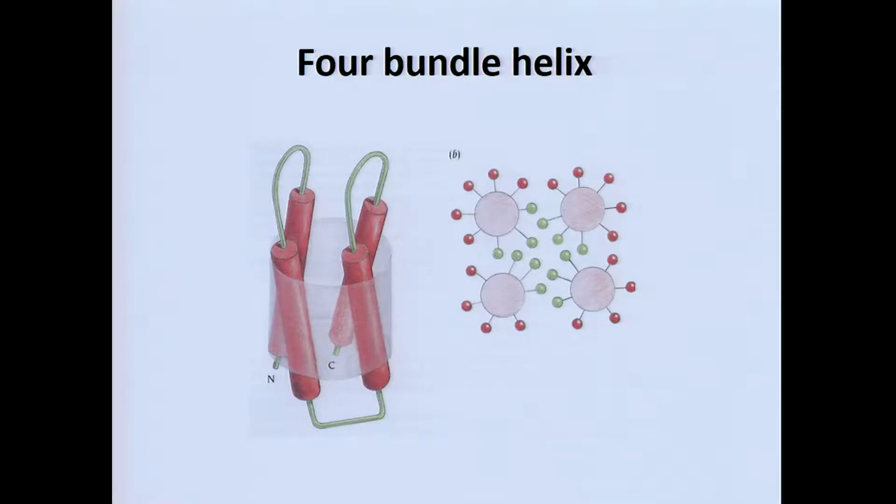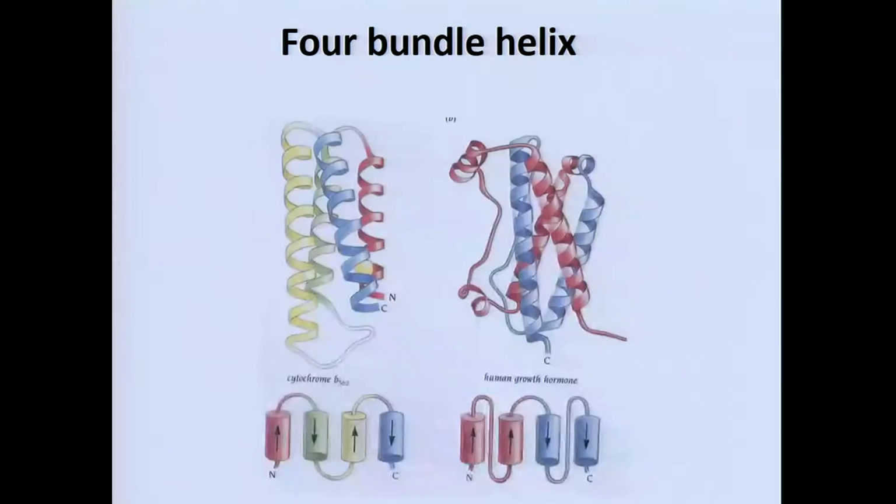And in this way, these helices are amphipathic helices, in which the hydrophobic cores are pointing inward and electrostatic residues are pointing outward. So these are the examples of 2 proteins, cytochrome B562 and human growth hormone, which are in a 4-helix bundle.